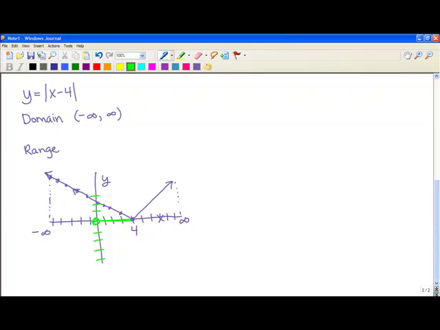So actually what happens is the function continues up to the very top of the y-axis, and there is positive infinity. So it's the whole range of where the function starts and where the function goes. It starts at 0 and it goes on up to infinity. So this is our range, 0, infinity. I have a bracket at 0 because of the closed dot, and infinity always will have a parenthesis.